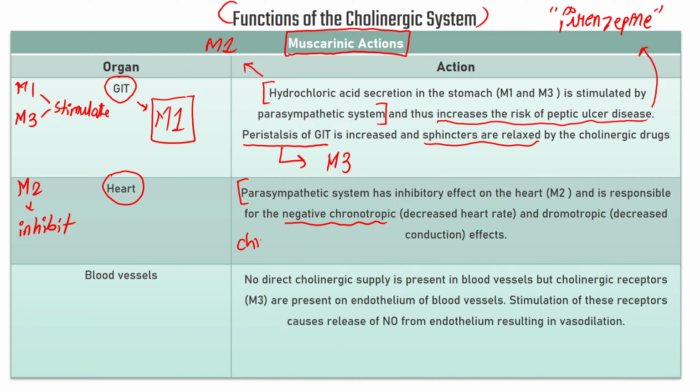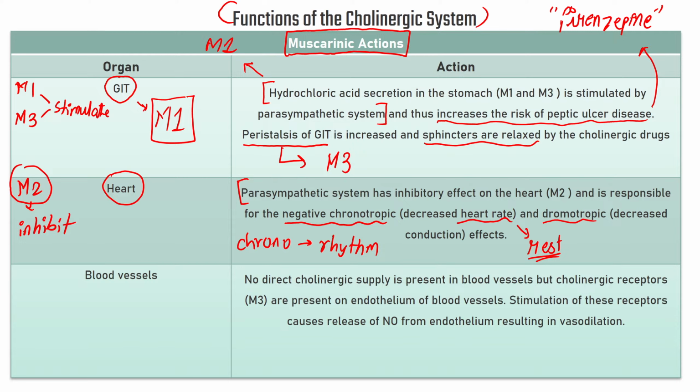Chrono means rhythm, so it will decrease our heart rate. Rest and digest, remember the cholinergic. And negative dromotropic, decreased conduction. It will decrease our heart rate and decrease the conduction as well.